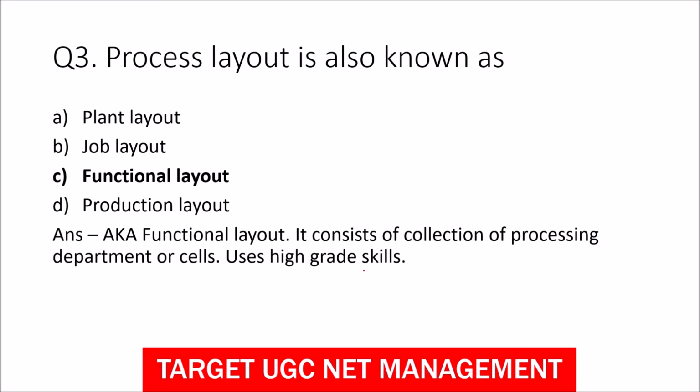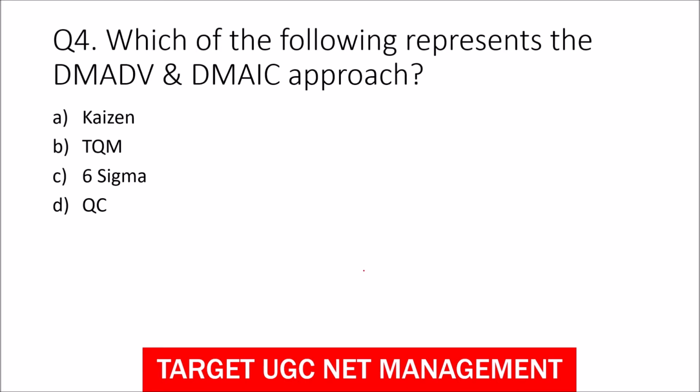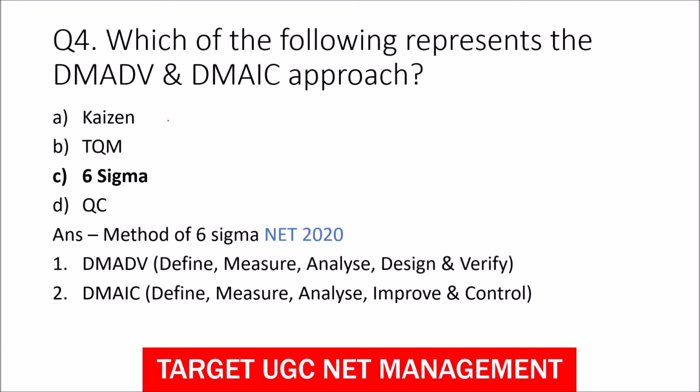Easy. Question 4. Which of the following... So many times in operation management in UGC NET management examinations, questions are asked from Six Sigma. So always remember that DMADV and DMAIC approaches are related to the methods of Six Sigma.